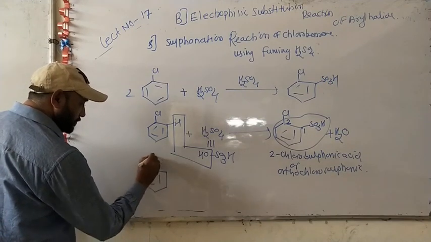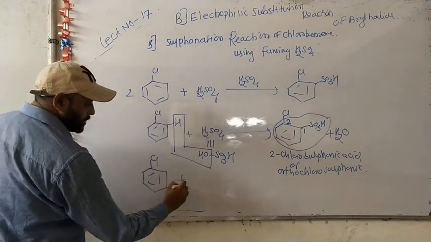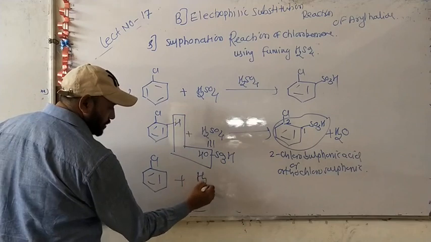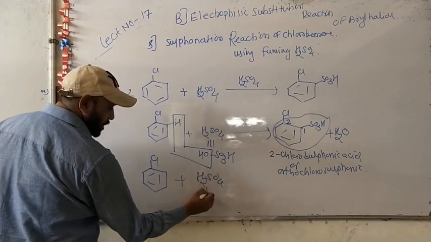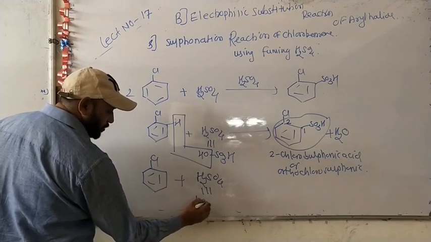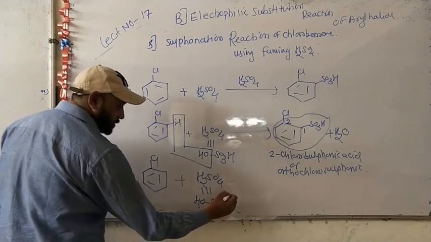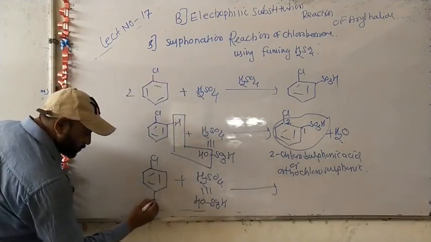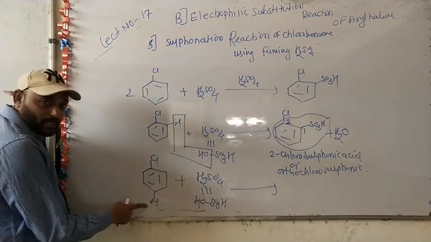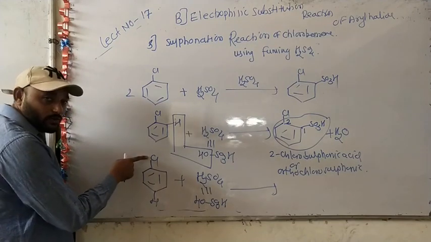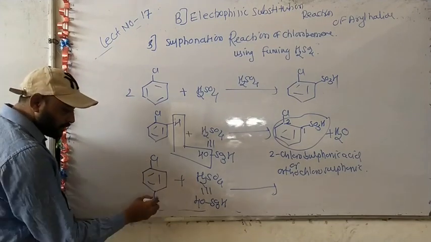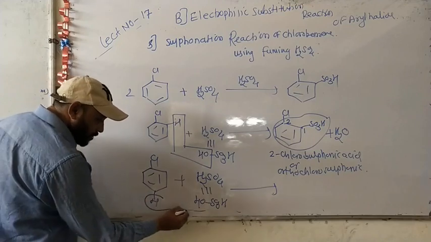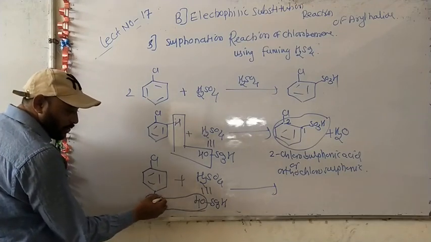Now the second product. Chlorobenzene, second molecule, is treated with H2SO4. How would you represent the H2SO4? OH, SO3H. So substitution should be carried out at the para position because chlorine is para directing. That's why the para hydrogen is lost, and from sulfuric acid the OH.